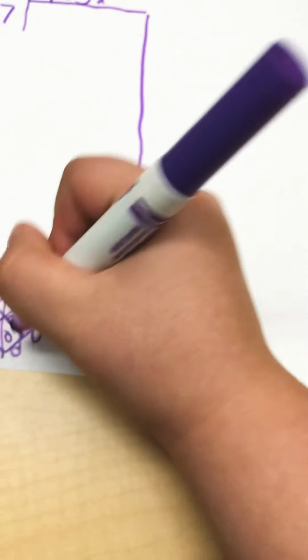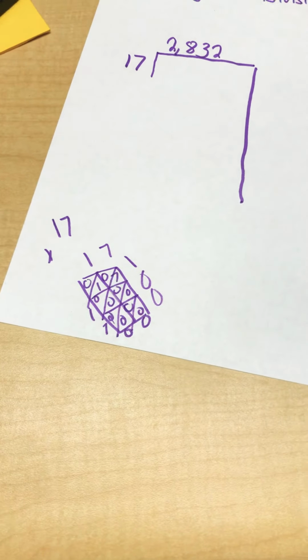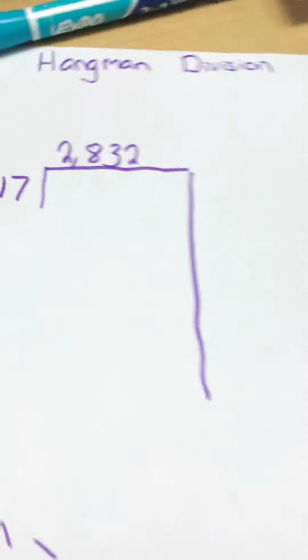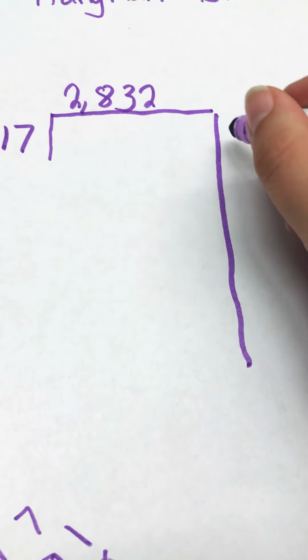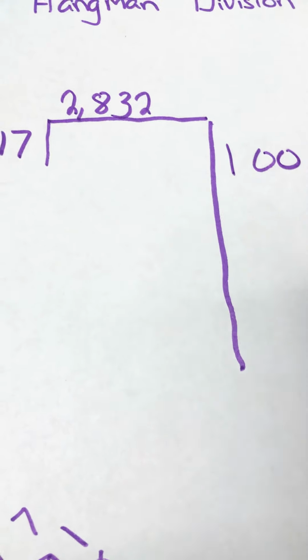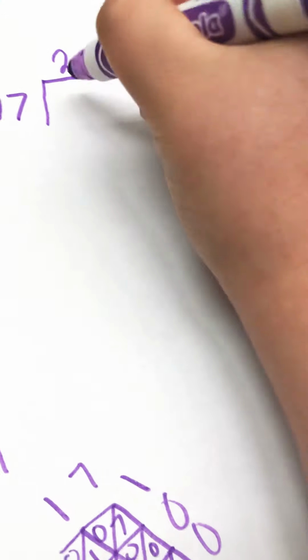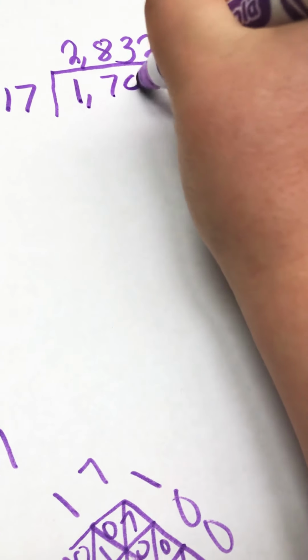So then we add, so 1,700. Let's use that. So we'll put 100 on the side. And then in our box, we're going to put our 1,700.